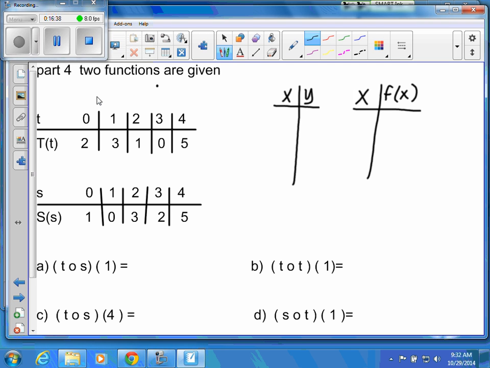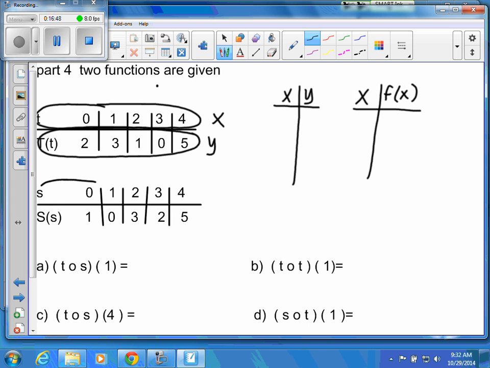They write the charts horizontally. So I'm going to circle this. These are your x's, and these are your y's. Again, these are your x's, and these are your y's. You're going to read your graph always going down.